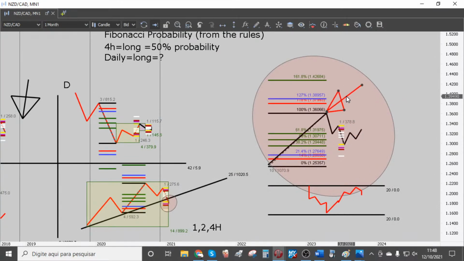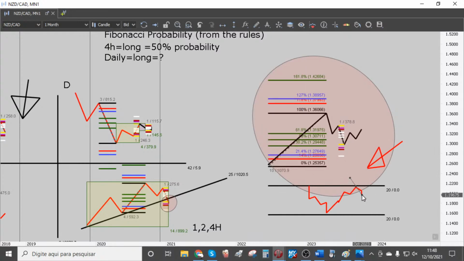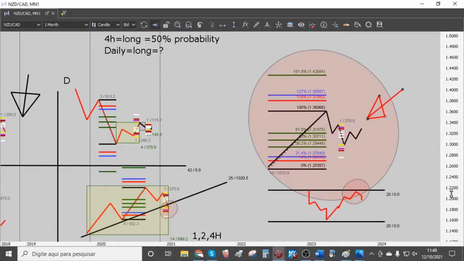Is the market making lower lows, lower highs, or is the market making higher highs, higher lows? Exactly, higher highs, higher lows. But because I have the stochastic or MACD or RSI or whatever might be the case in here, then as a beginner trader I'm going to go long or short on the Fibonacci. Let's be honest in here, everybody.